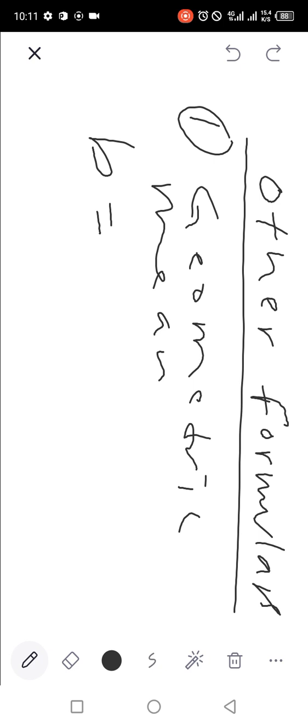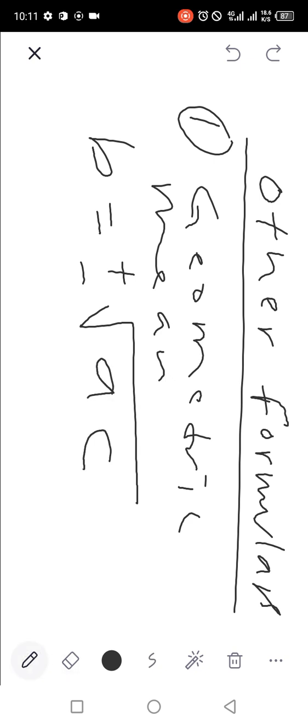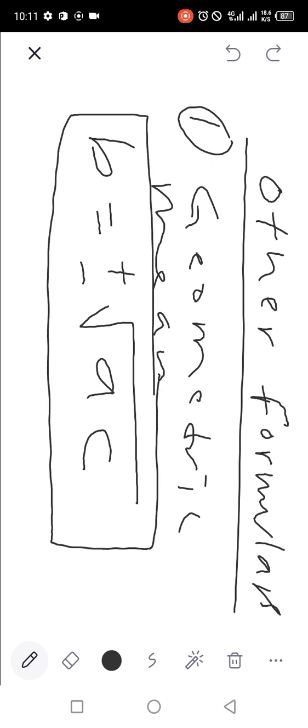Okay. B is equal to plus or minus the square root of A times C. That's the formula for geometric mean. The B stands for geometric mean.